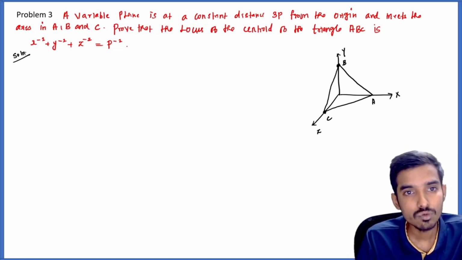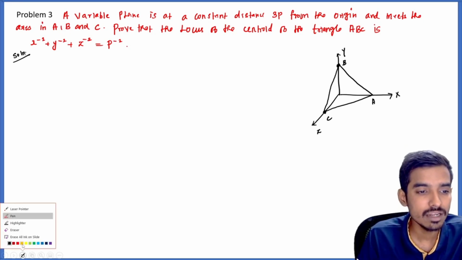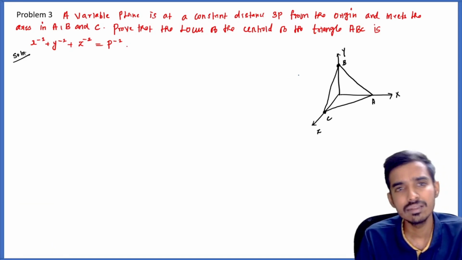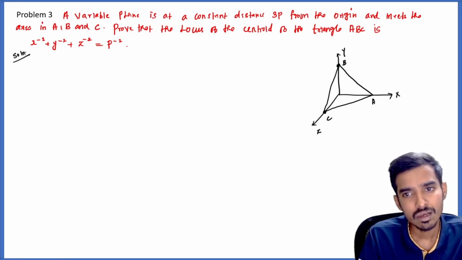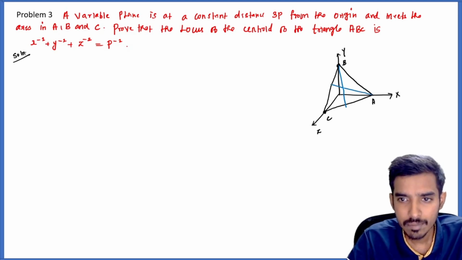Now we need to prove the locus of the centroid of triangle ABC. We know what a centroid is: the point where the three medians intersect. You can see, let us say this is one median, and this other median, and this other median.